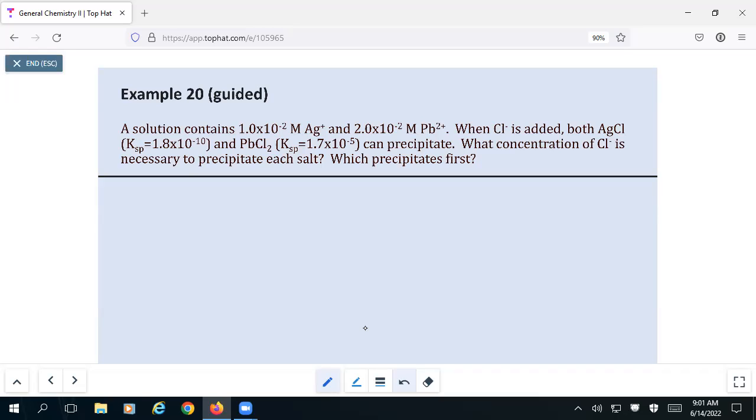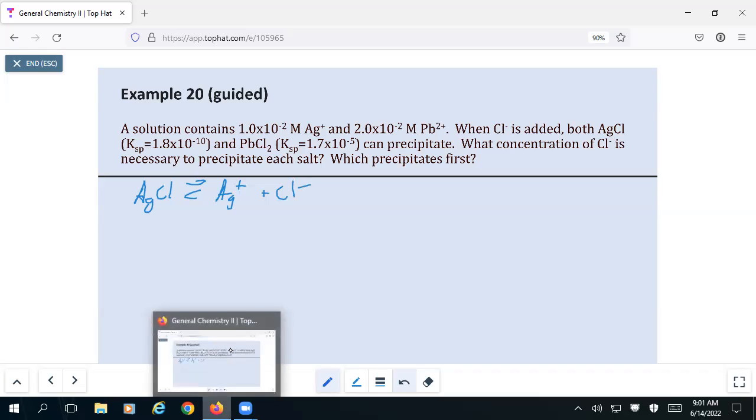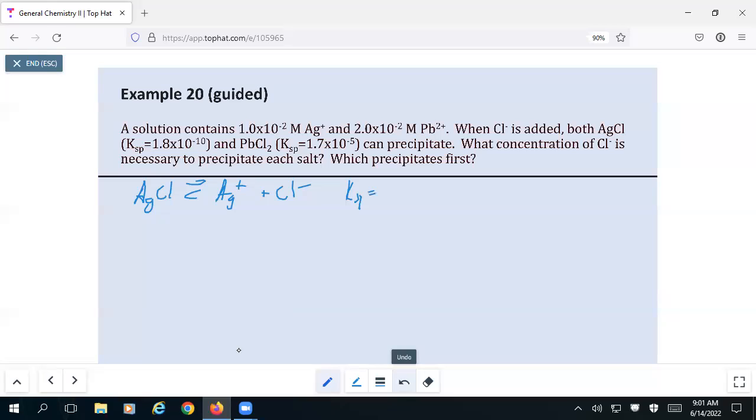So what we're really looking at here is silver chloride, and the Ksp is equal to 1.8 times 10 to the negative 10th.